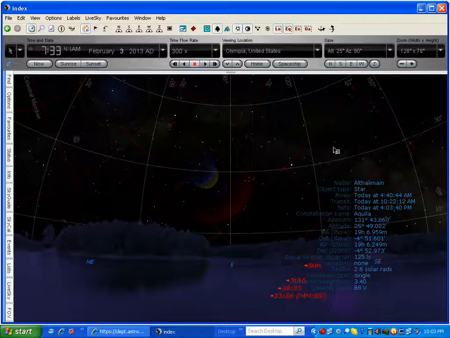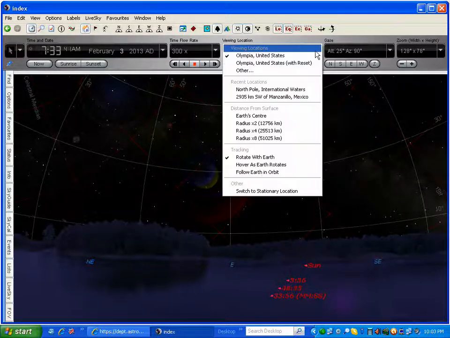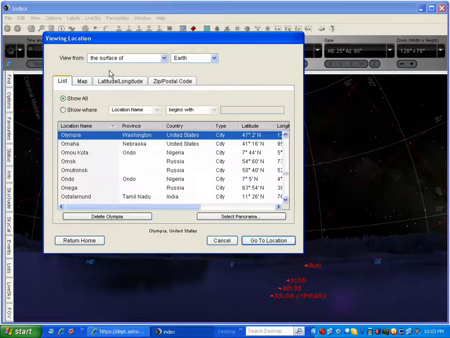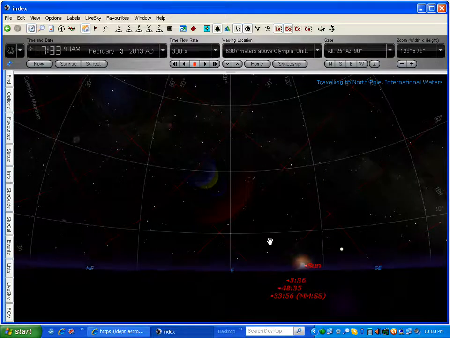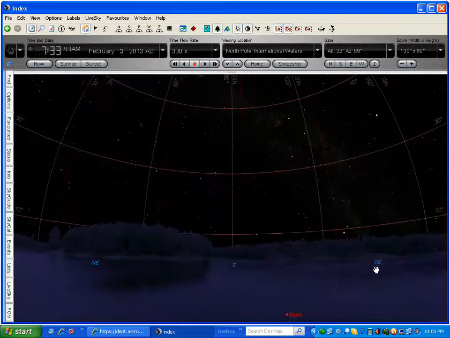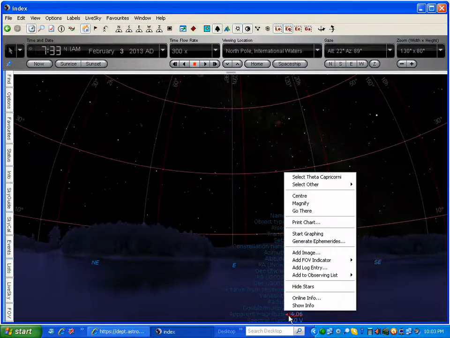If we were at the North Pole, let's quickly run up to the North Pole and see how it looks. We said that was 90 degrees north latitude, and we'll quickly go there.